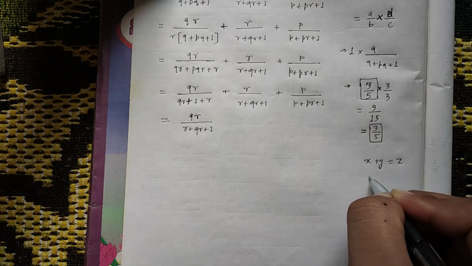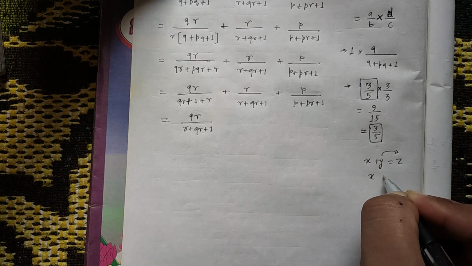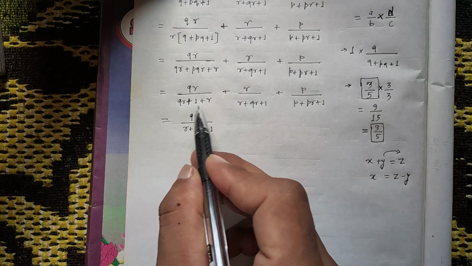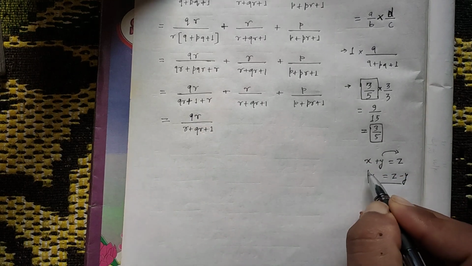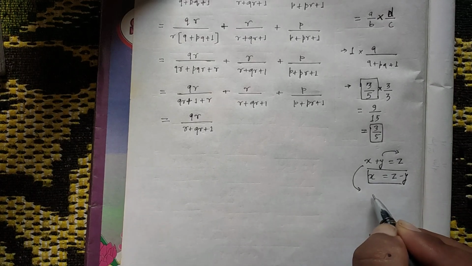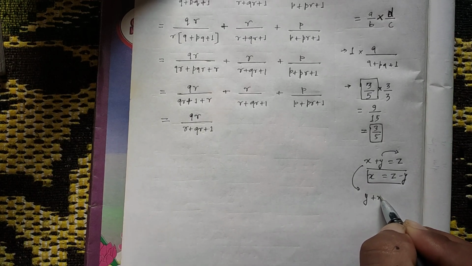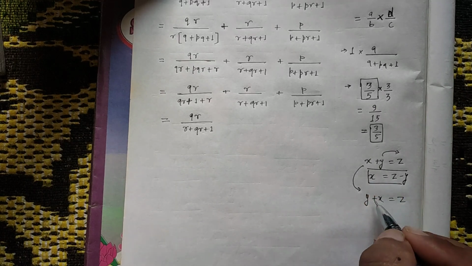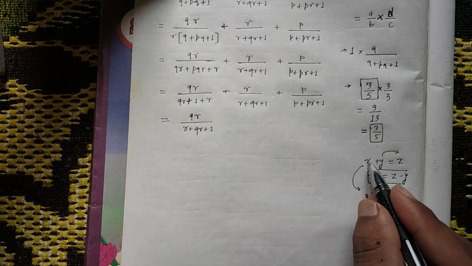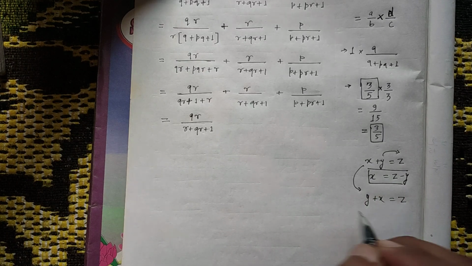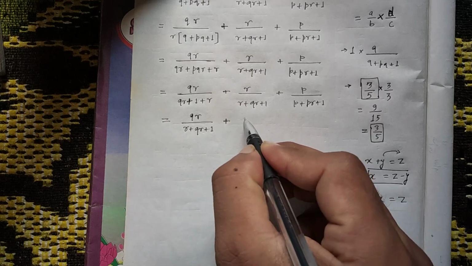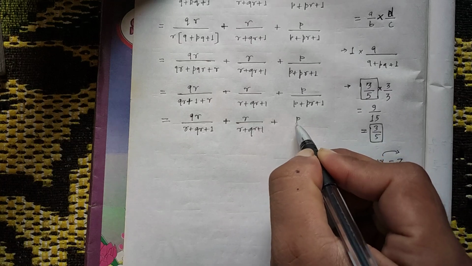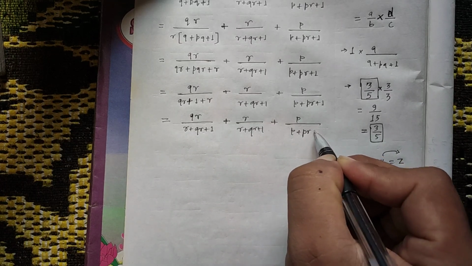If you take y to the other side, then its sign changes. But if you just change places, like y plus x equal to z, the signs are not changed. So it becomes plus r upon r plus qr plus 1, plus p upon p plus pr plus 1.